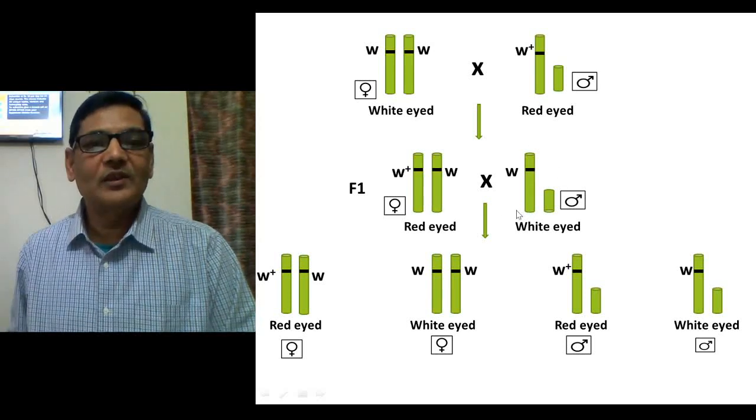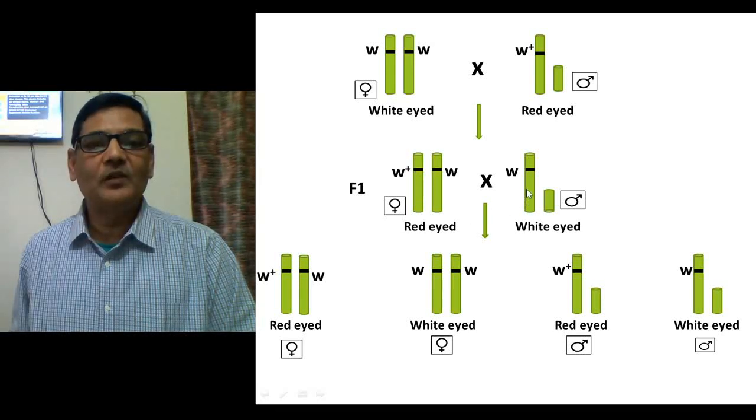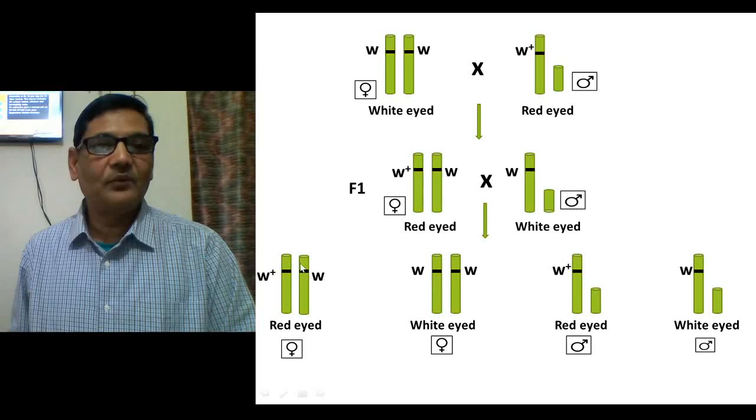When you cross them, you can see how there will be fusion between different kinds of gametes. This W plus containing X chromosome will be fertilized by a sperm containing W. So it is W plus and W. This will be a female with red eye phenotype.